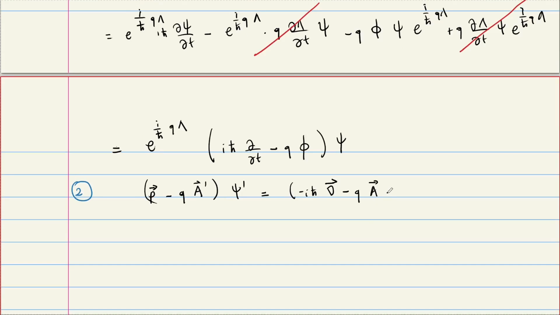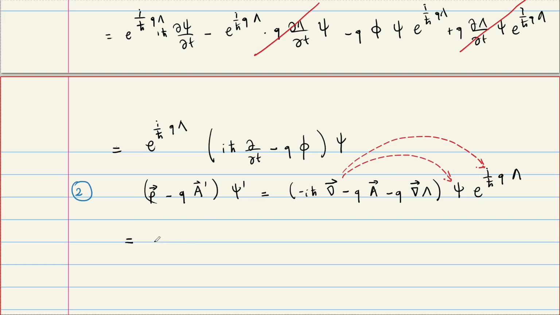So this is minus q gradient of lambda, and this entire thing is acting on psi prime, and psi prime is equal to psi times e to the I over h bar q lambda. Similarly, this gradient can act on psi, or it can act on the phase, and it's going to produce two terms. So let's get those.